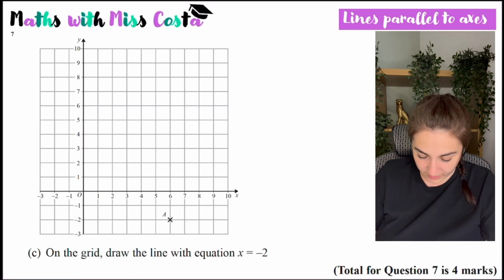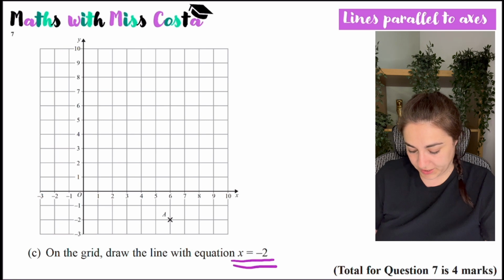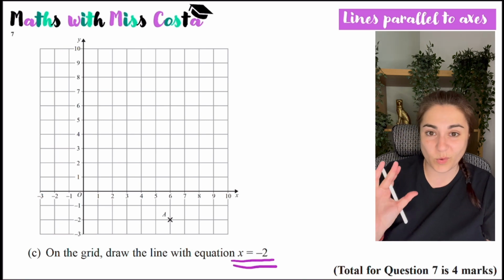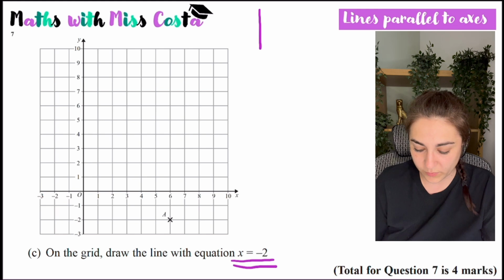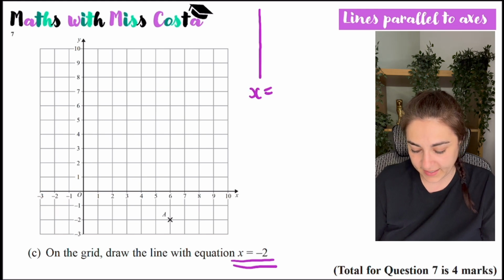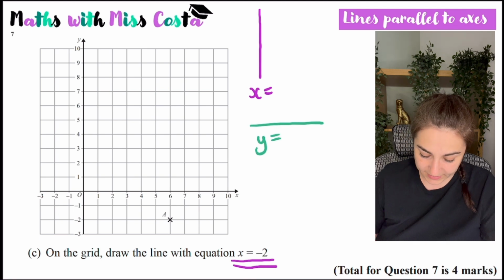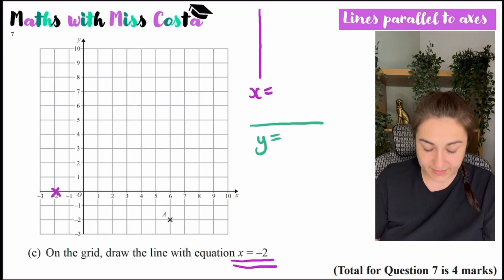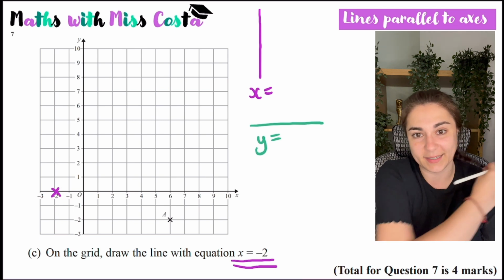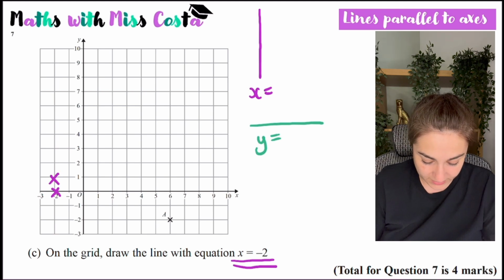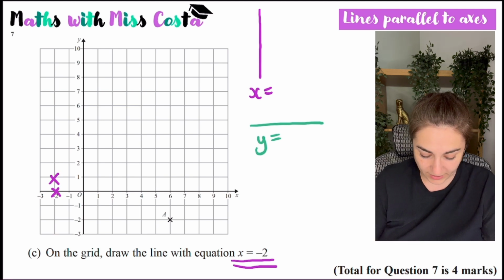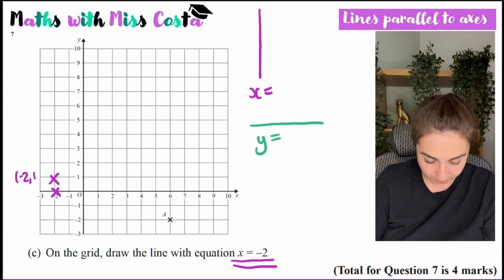On the grid, draw the line with equation x equals 2. Okay, so generally the quick shortcut method is that all of your vertical lines like this are going to be x equals, and all of your horizontal lines like this are going to be y equals. The reason for that is if I look at where x is minus 2, along the x-axis, this coordinate here would be minus 2, 1.